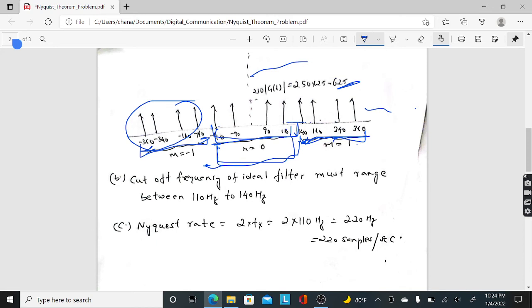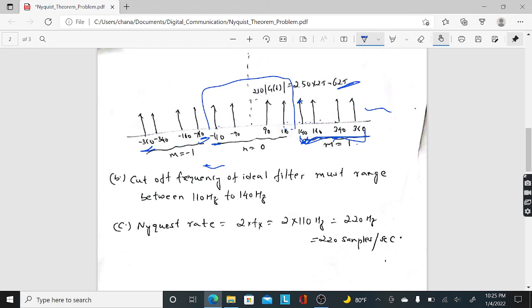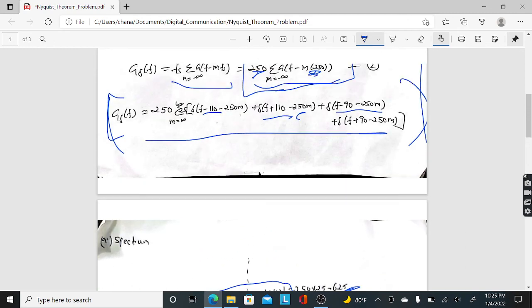If it's more than 140, the additional spectrum will get in. If it is less than 110, I lose some of the required frequency components. So the cutoff filter has to be between 110 and 140. That's the cutoff frequency for the ideal filter: between 110 and 140 hertz.